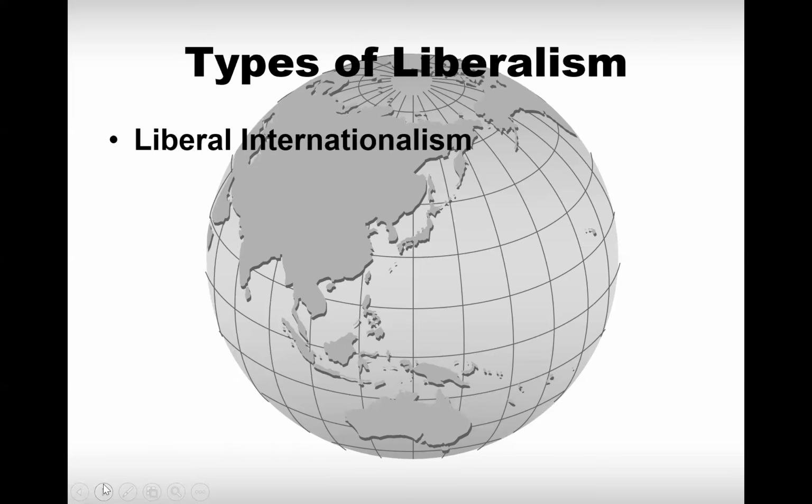The first type of liberalism can be seen as liberal internationalism. In contemporary international relations, particularly after 9/11, liberal internationalism has also been seen as influential in the development of neoconservative thinking. However, it is not conservative. I would say it's a misnomer. Liberal internationalism would be the appropriate term.